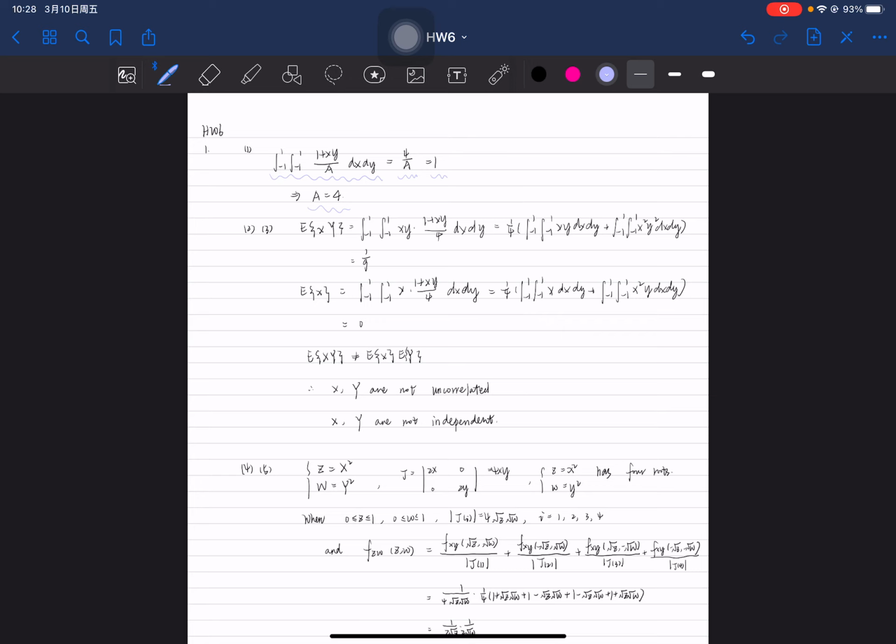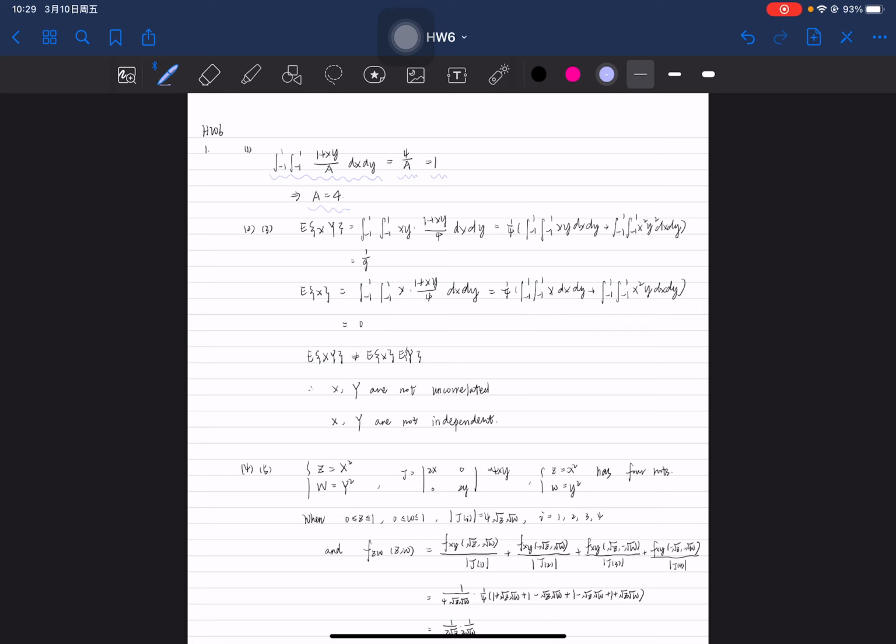For questions 2 and 3, we need to prove whether the random variables X and Y are uncorrelated and whether they are independent.